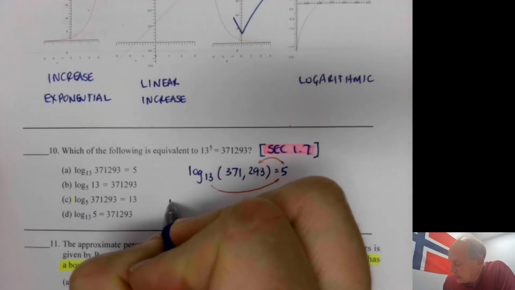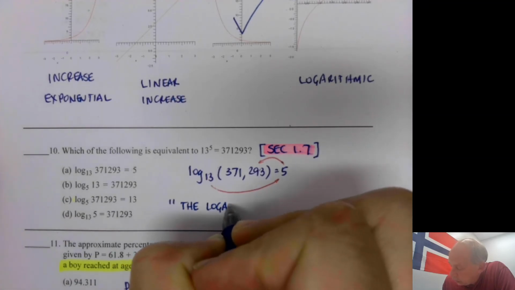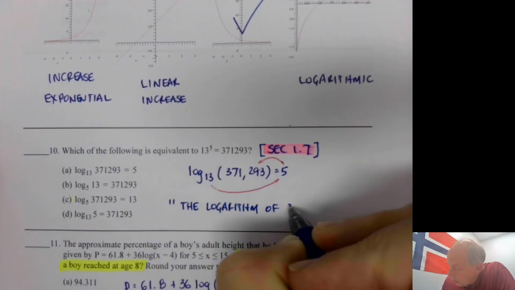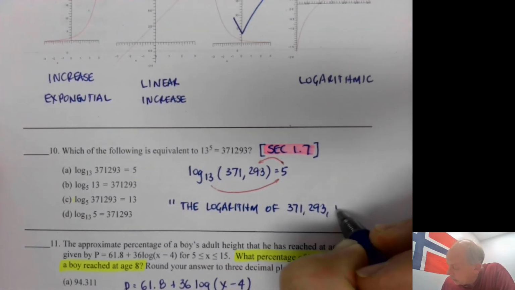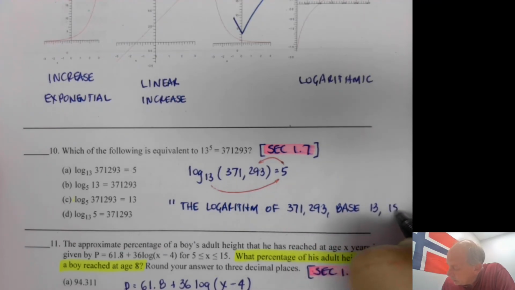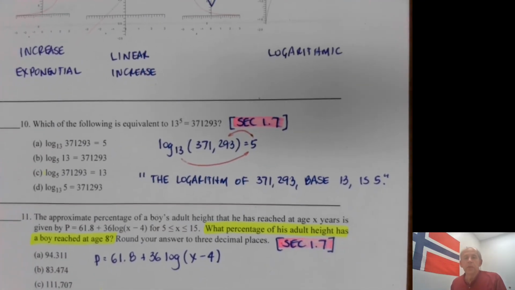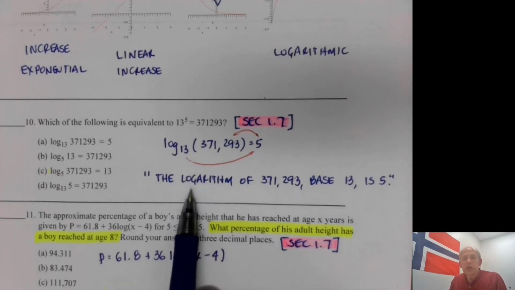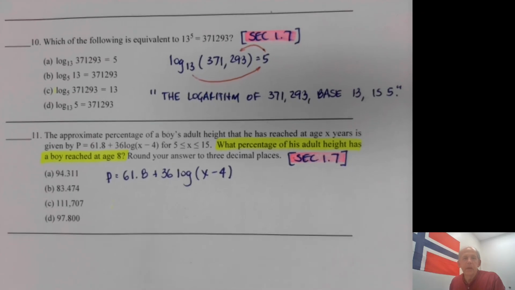And to write this out in English, the logarithm of 371,293, base 13, is 5. So exponent expression, logarithmic expression, English expression, they all three mean the same thing.